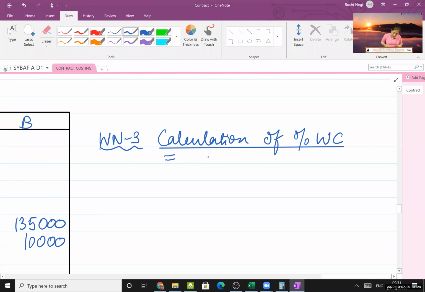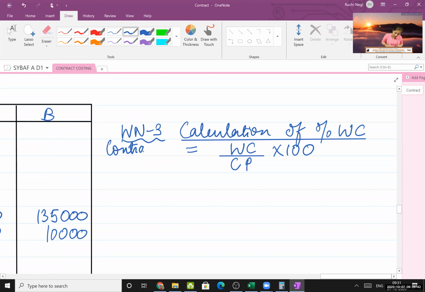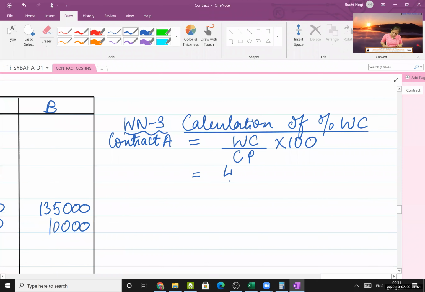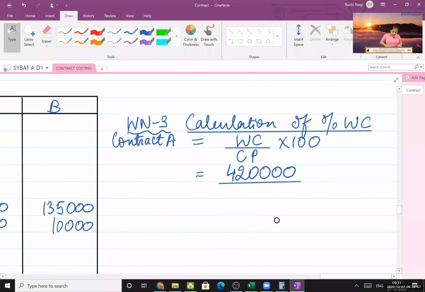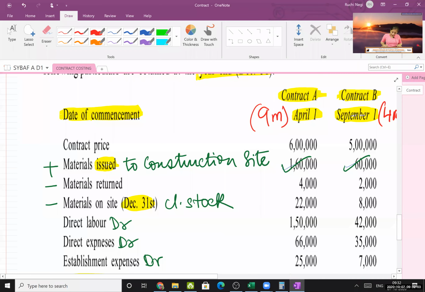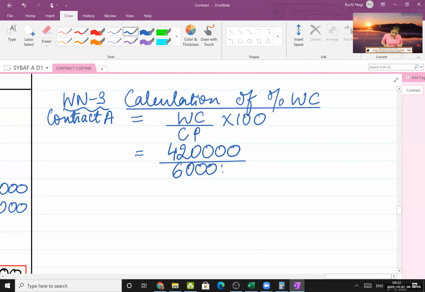So what is the formula? Work certified upon contract price into 100. And this I am going to calculate only for contract A, not for contract B because there is a loss. So work certified is how much? 4,20,000. Contract price is how much? 6 lakhs.